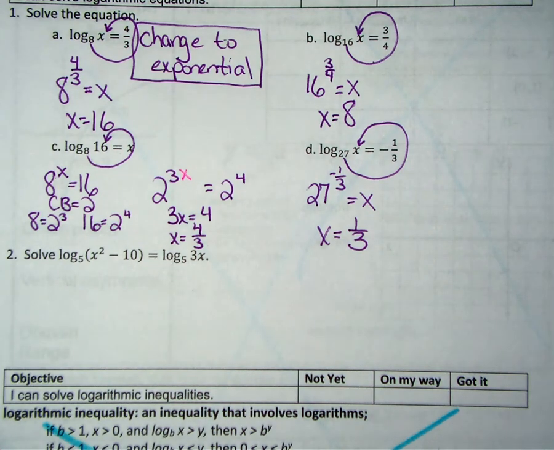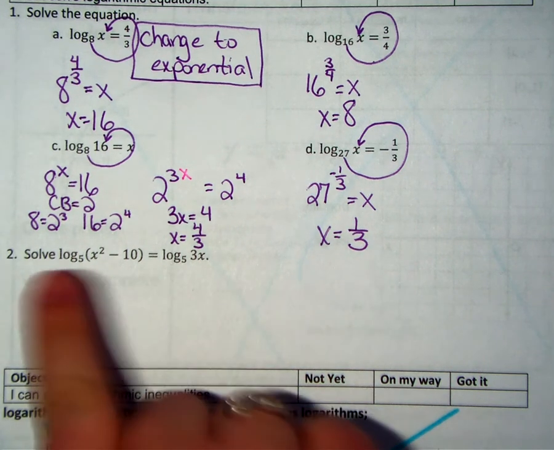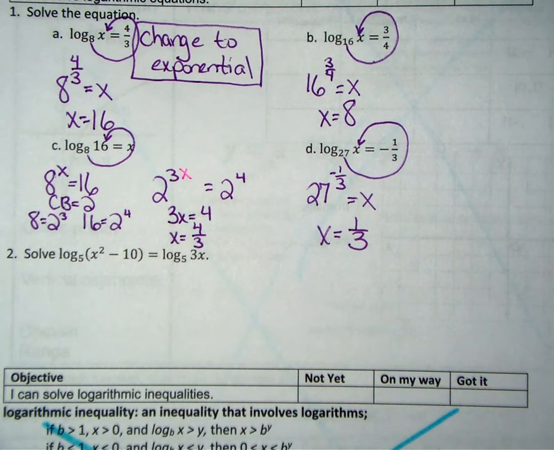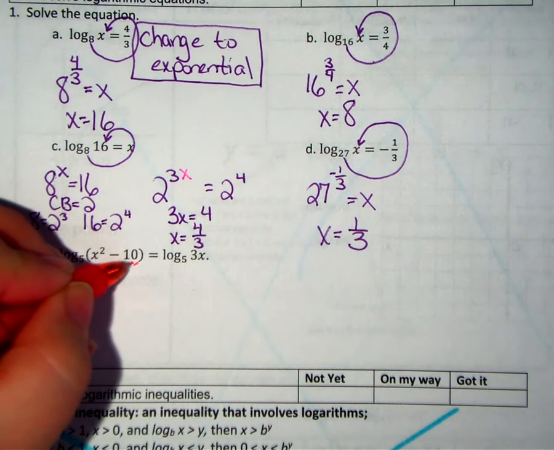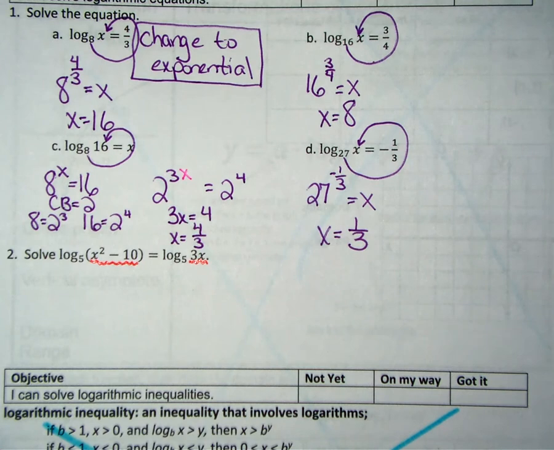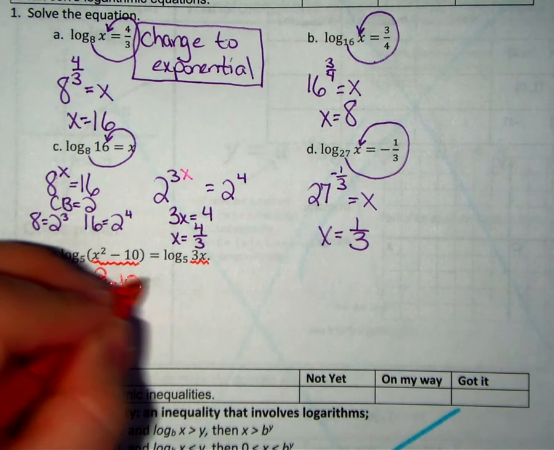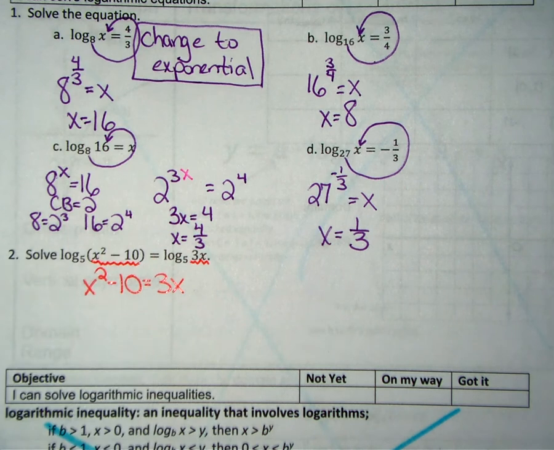In order to solve this, we have to know that if I have a log with the same base on both sides, then I can set this part equal to each other. So I have x squared minus 10 equals 3x, and I can solve that out.